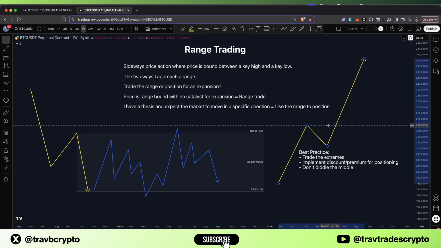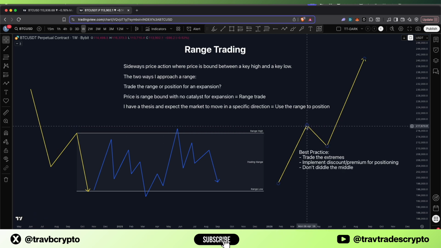I'd much rather add to winners when price confirms the move in a direction than average down. It's not to say that I don't average down ever, but psychologically, I feel much better sizing into a position and then scaling that position when price moves in the direction in my favor.